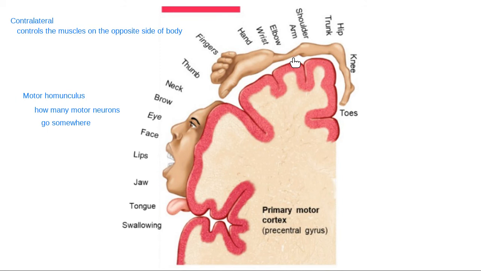So the size of a body part tells me how many motor neurons go to those places in the body, which basically tells me how many different messages I could send to those places. That's why we do all kinds of different movements with our lips and our tongue when we're talking, because we can send all kinds of different messages there to tell those muscles to contract differently.